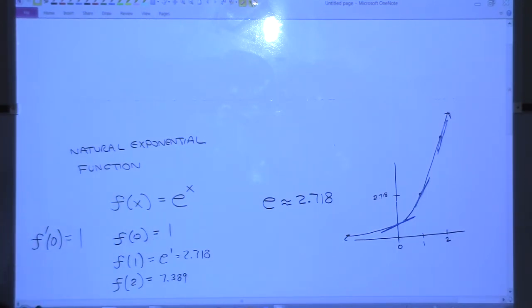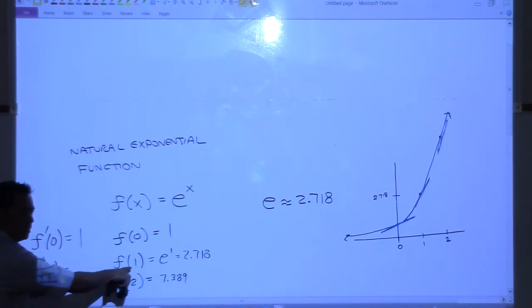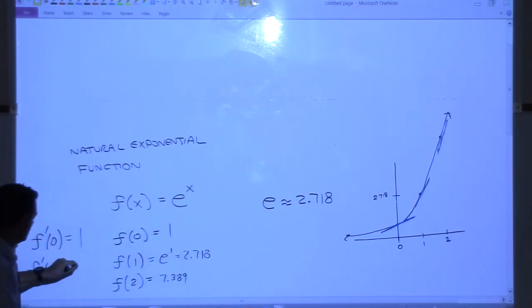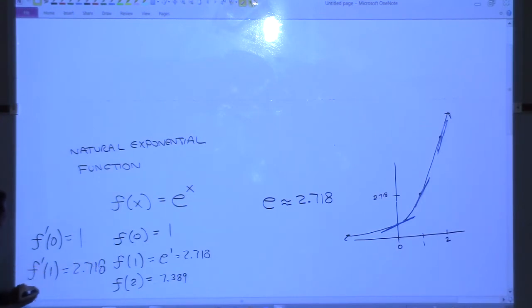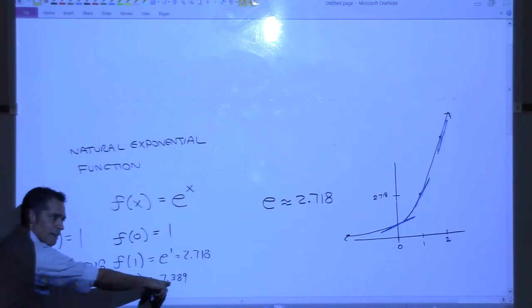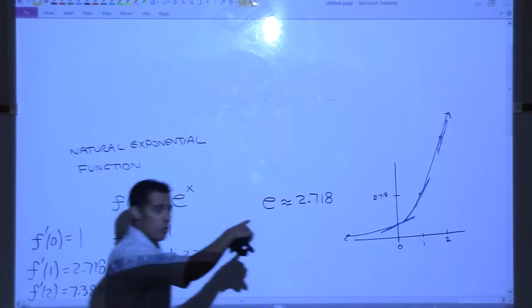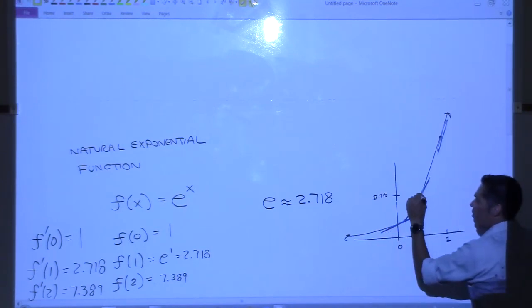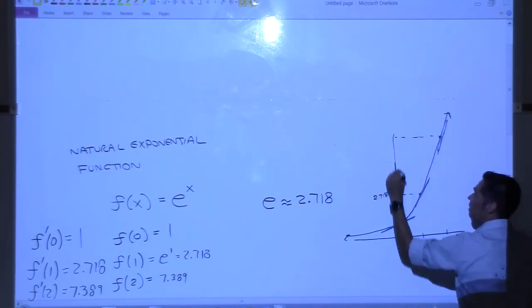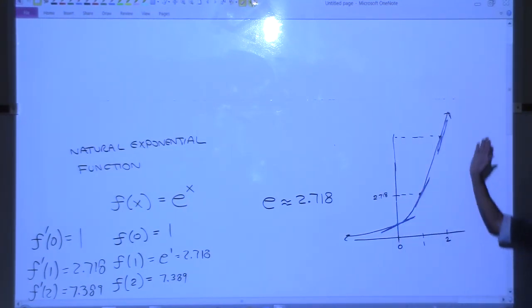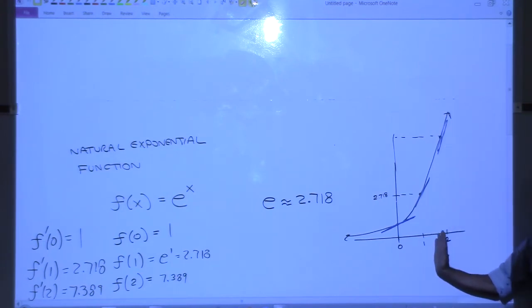It's 1. And if you want to know what the slope of the tangent line is at 1, guess what? It's that. And if I want to know the slope of the tangent line at 2, guess what? It's that. Which means that the y-coordinate of the graph is also the slope of the tangent line at that point.